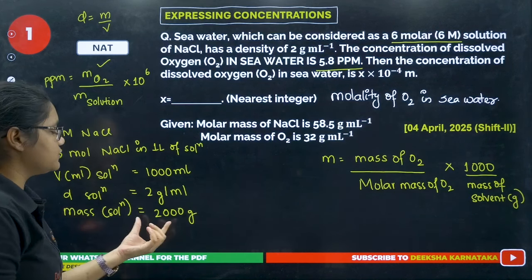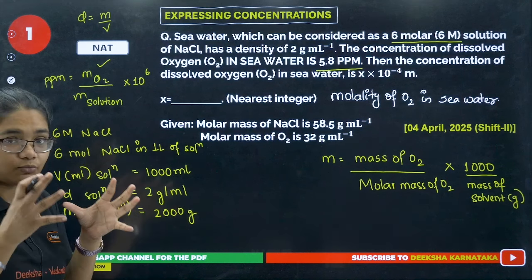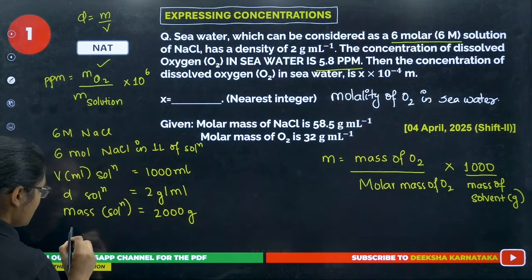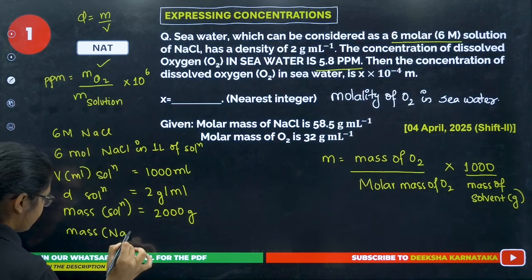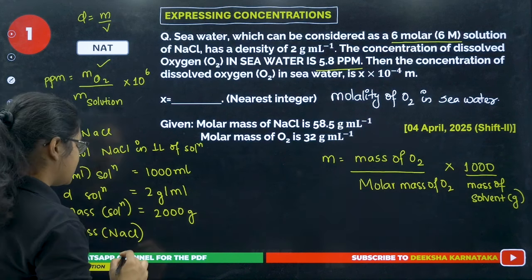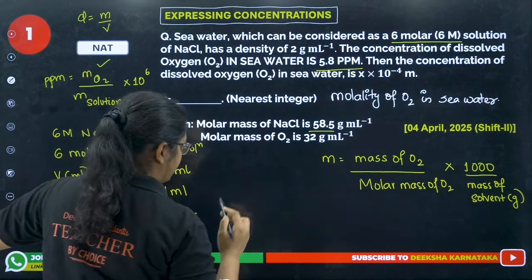So in this 2000 gram of solution, there is 6 molar NaCl, means 6 moles of NaCl is present. So I can calculate mass of NaCl, right? What is that? 6 into the molar mass of NaCl, which is 58.5.